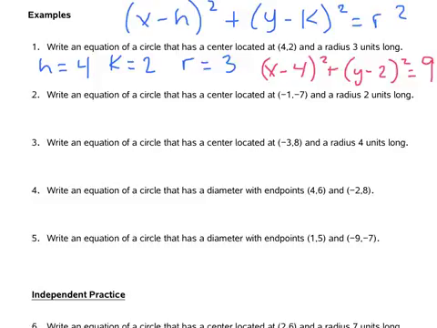Write an equation of a circle that has a center located at (−1, −7), and a radius 2 units long. So h is −1, k is −7, and r is positive 2.